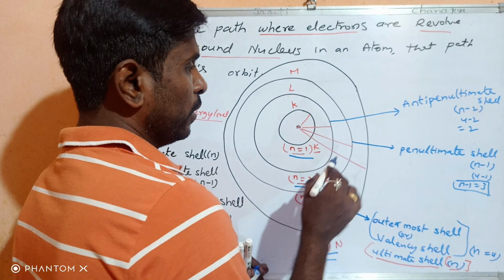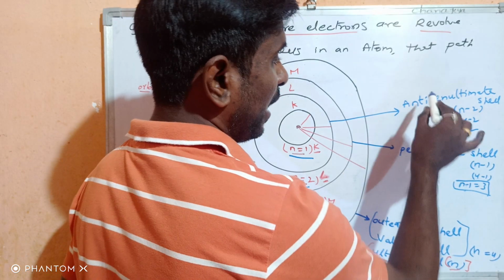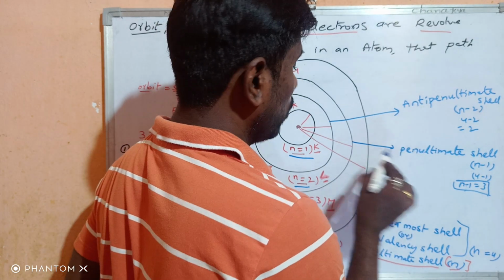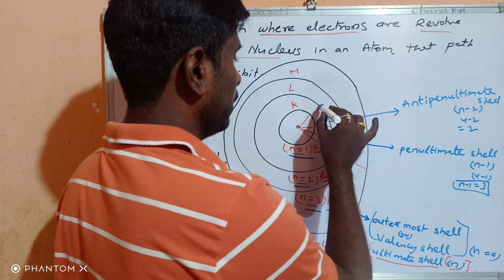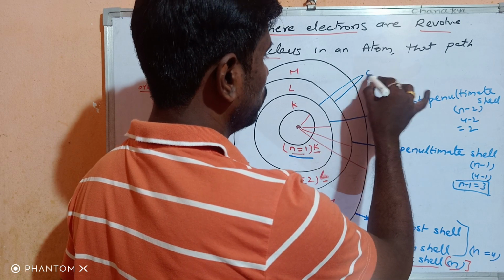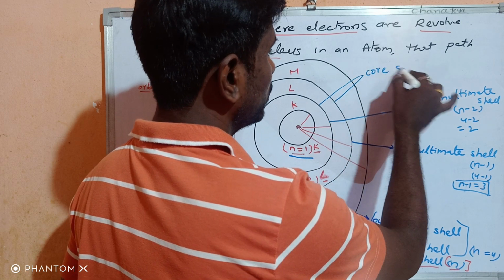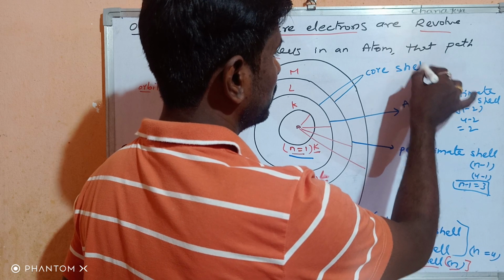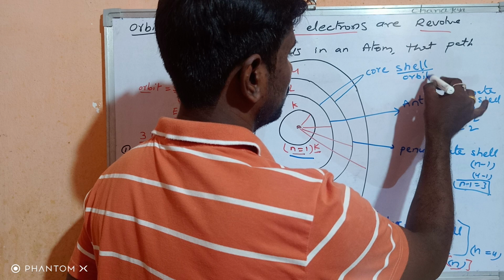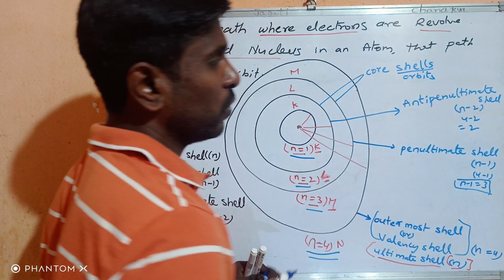Now the remaining two, the penultimate shell and the anti-penultimate shell, are both called core shells, or core orbits.